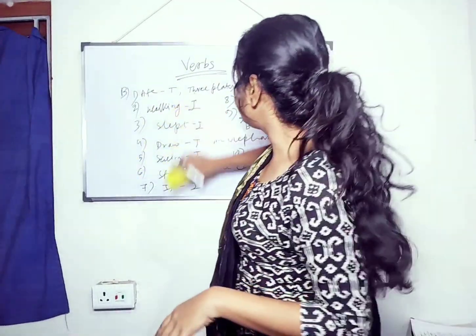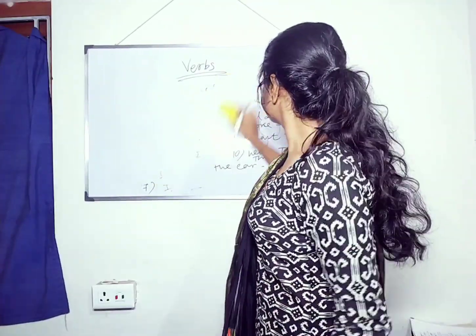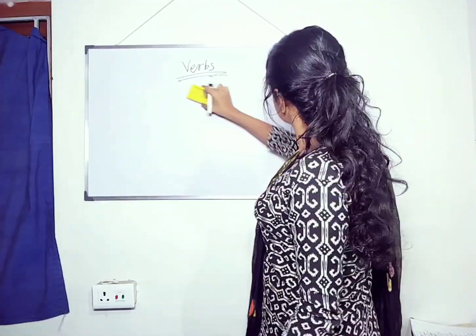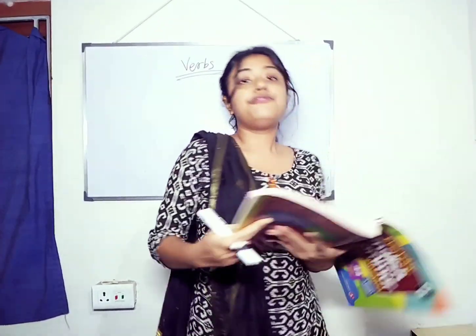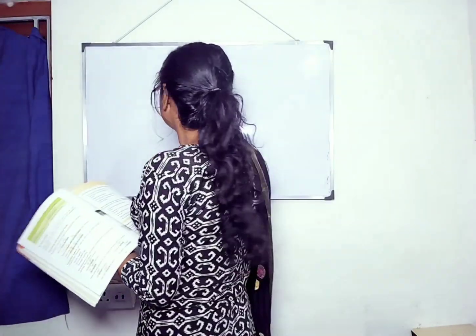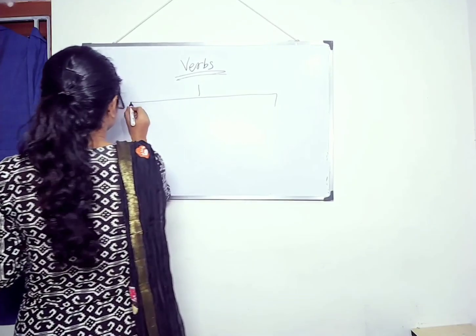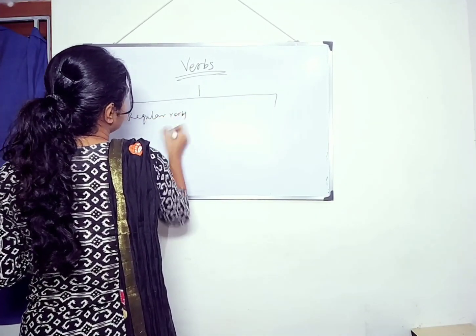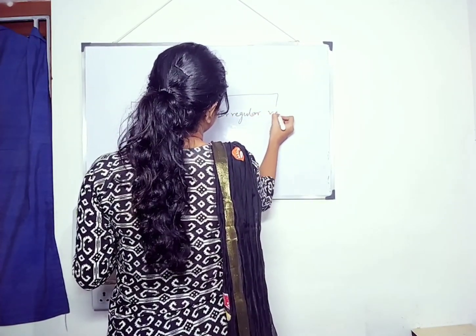Before that, first make a column: regular verbs, irregular verbs.